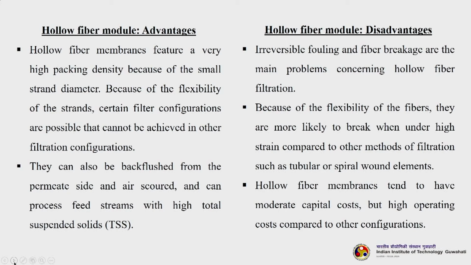Hollow fiber membranes feature a very high packing density because of the small diameter. Because of the flexibility of the strands, that means the individual tubes, certain filter configurations are possible that cannot be achieved in other filter configurations. That is one of the very good things about hollow fiber systems.